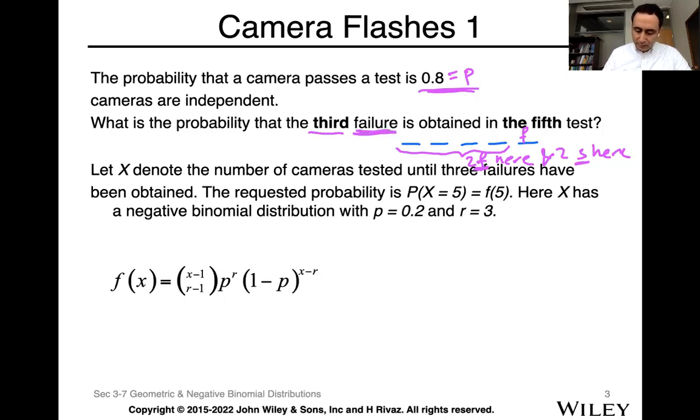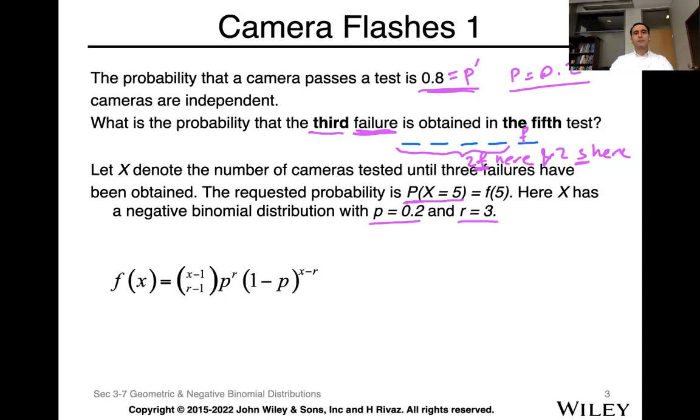So immediately I know that this is P prime, not P. So P is actually 1 minus that, which is 0.2. What we want is the probability that X is equal to 5. X is the number of trials in the negative binomial. As I just mentioned, P is 0.2 and R is 3. So all we have to do is plug in here.